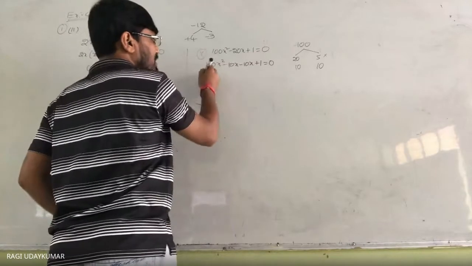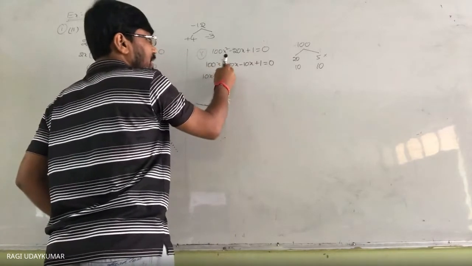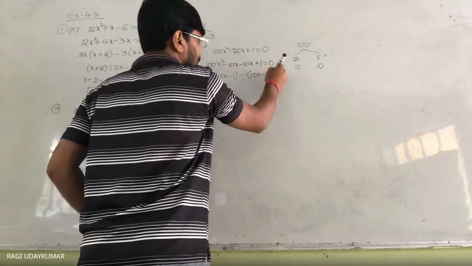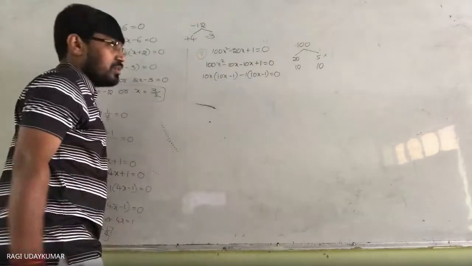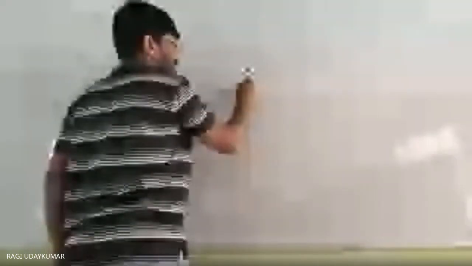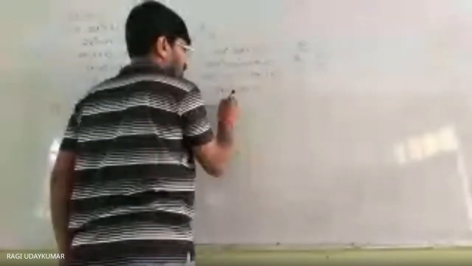So from this 10x, if you take the common, 10x minus 1, minus 1 if you take the common, again 10x minus 1 is equals to 0. So what do you get here? 10x minus 1 into 10x minus 1 we are going to get. So from this 10x minus 1 is equals to 0 or 10x minus 1 is equals to 0. X is equals to 1 by 10 or x is equals to 1 by 10.